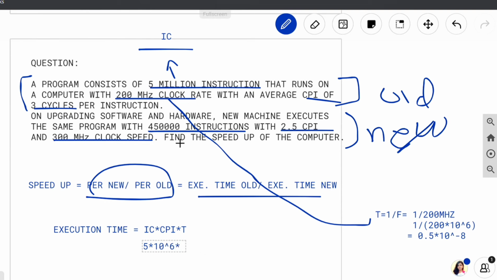We have already seen the CPI is 3 cycles per instruction, which is already given in the question, so 3 into the time, which is given as 0.5 into 10 to the power minus 8. This was the execution time of the old machine.